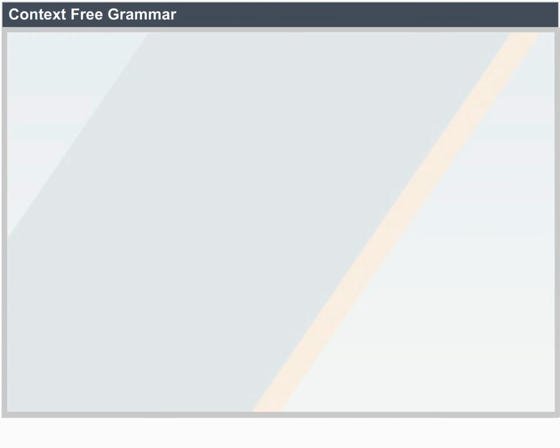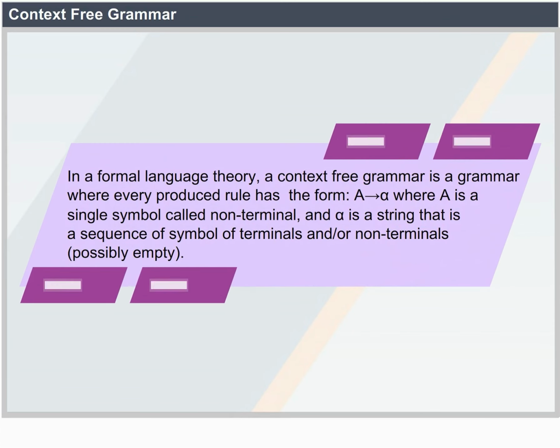Context-free grammar. In formal language theory, a context-free grammar is a grammar where every production rule has the form capital A implies small a, where A is a single symbol called a non-terminal and small a is a string of terminals and or non-terminals, possibly empty.